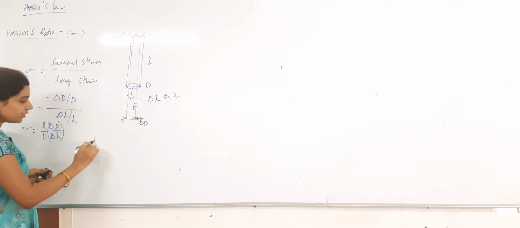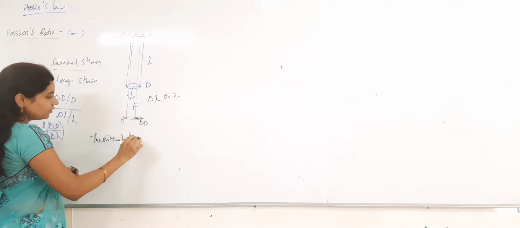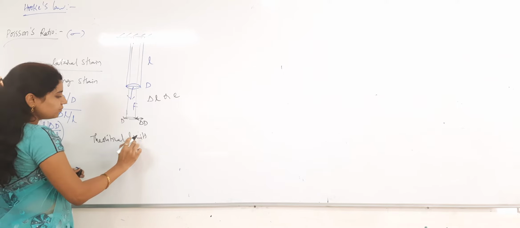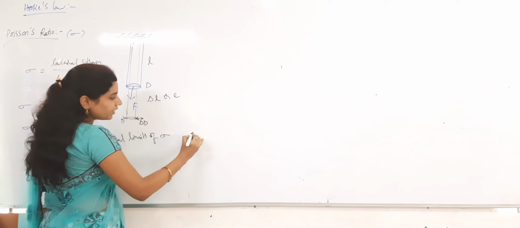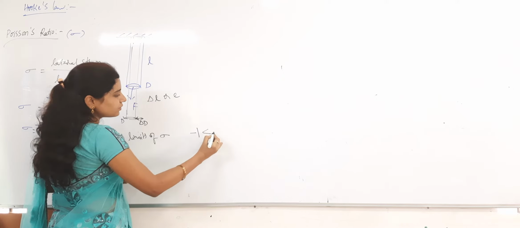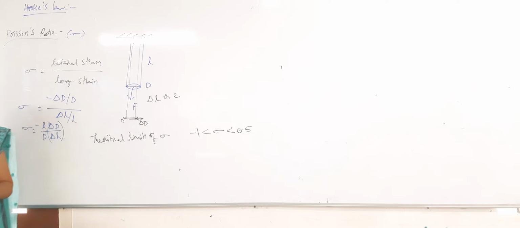The theoretical limits of Poisson's ratio, or sigma, is from where to where? It will be -1 less than sigma less than 0.5. That is the theoretical limit.